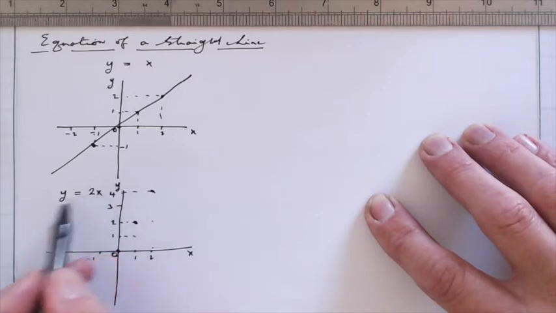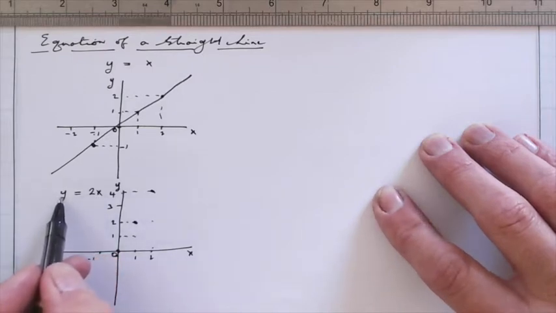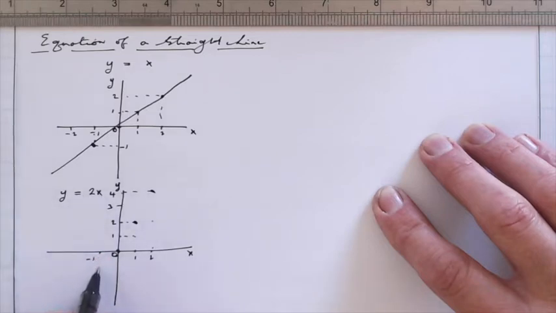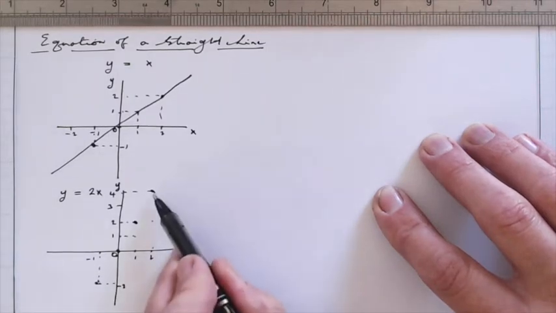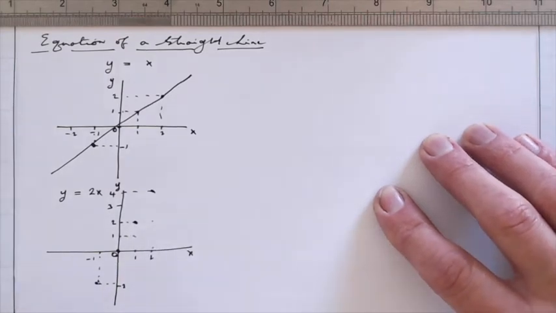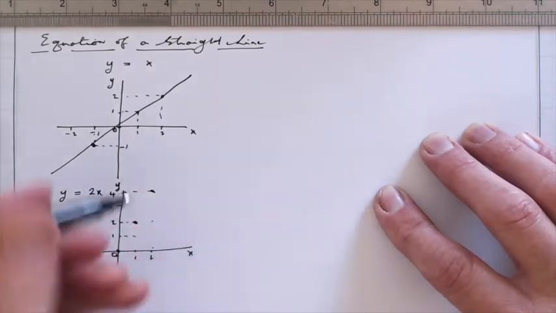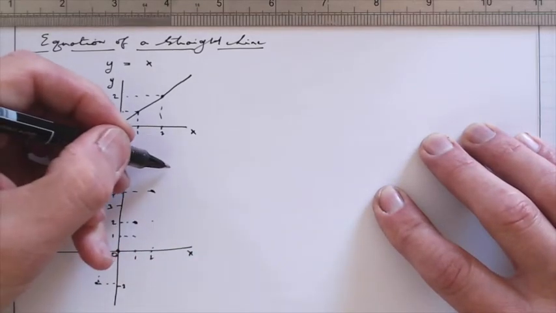If x was -1, the equation says take y to be -1 times 2, which is -2. So we would be down here at -2. And you can see now that my line has to pass through this set of points. It's quite hard to sketch these when you're not allowed to tilt the paper, so just bear with me as I try to sketch this. This is very awkward.